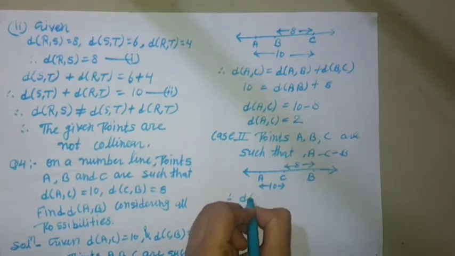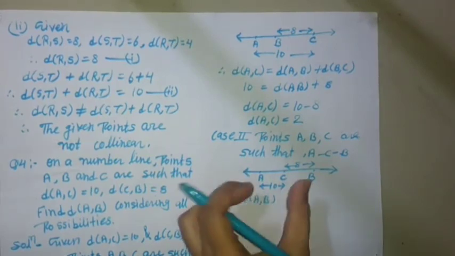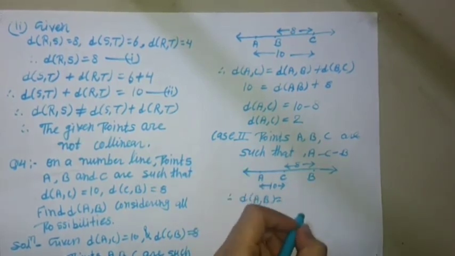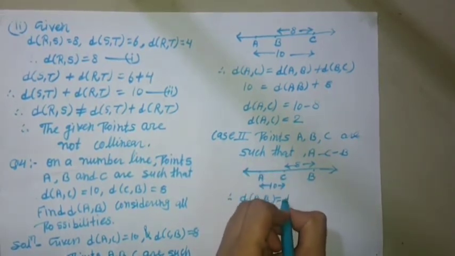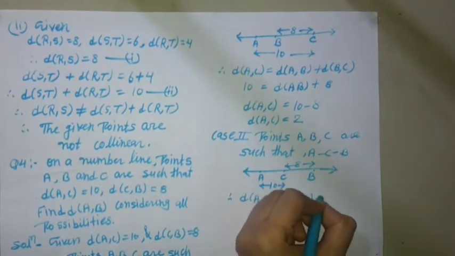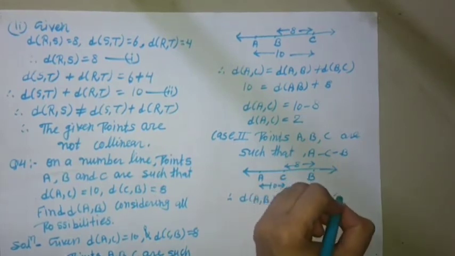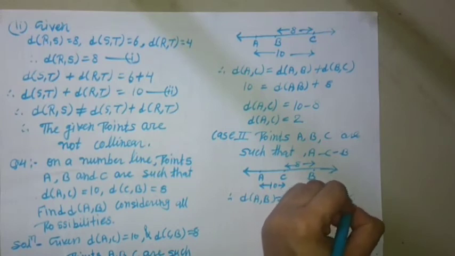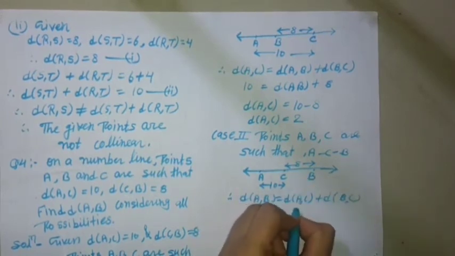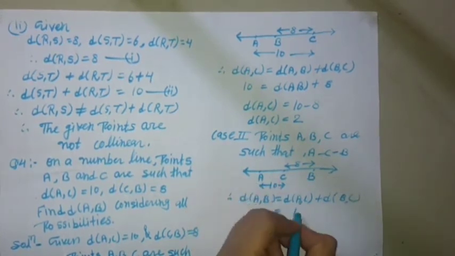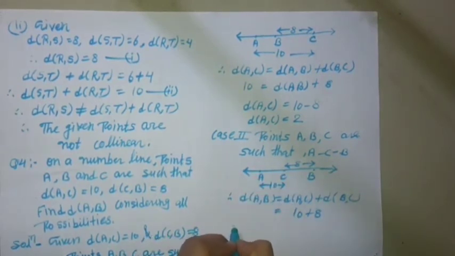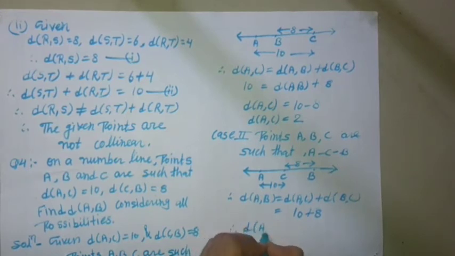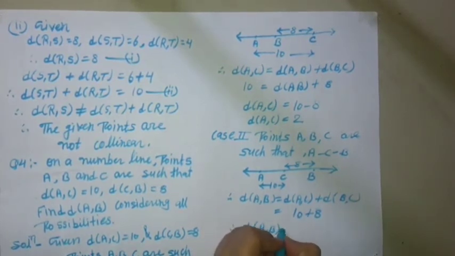Therefore, distance of AB equal to distance of AC plus distance of BC equal to 10 plus 8. Therefore, distance of AB equal to 10 plus 8 equal to 18.